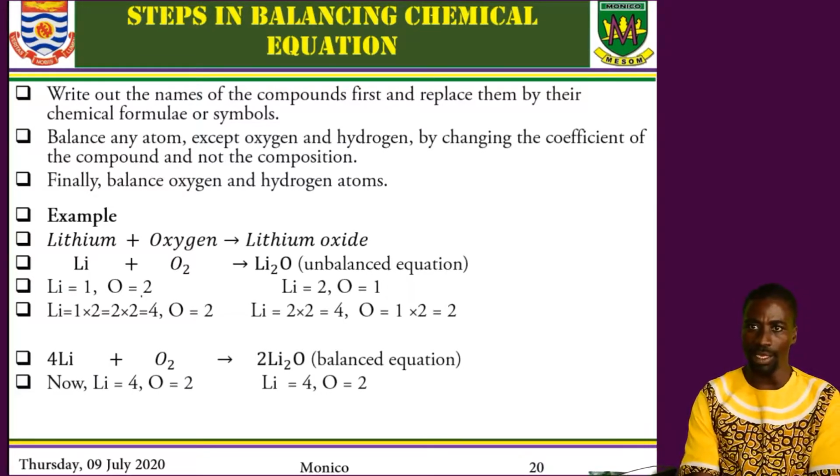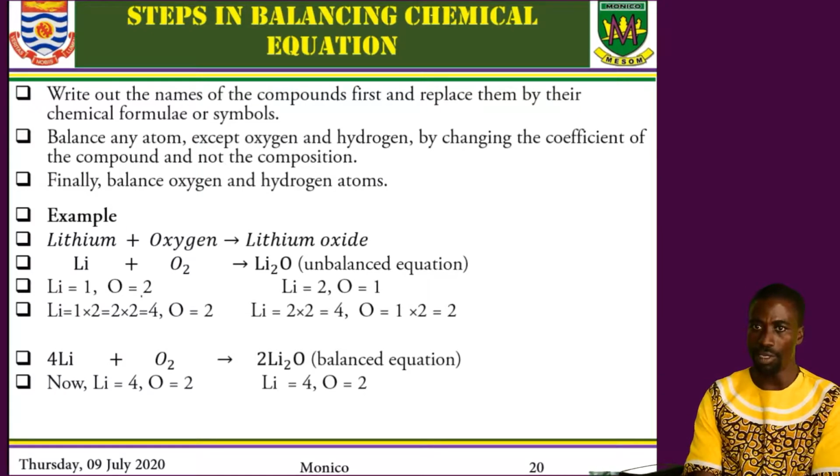by multiplying 2 by the coefficient of lithium, which is 1, and get 2. When you do that, you are getting 2Li plus O2, giving us Li2O. Now oxygen is still not balanced, so what do I do?